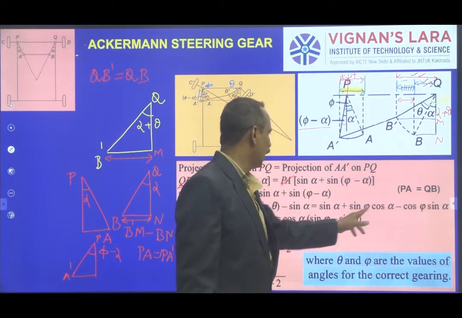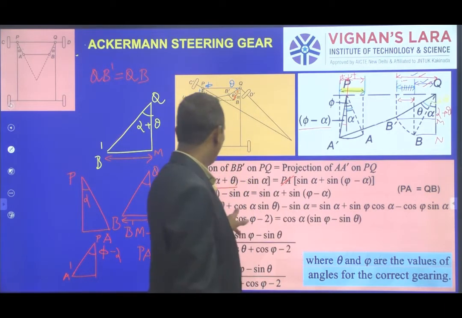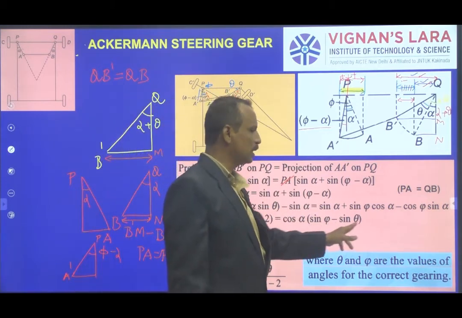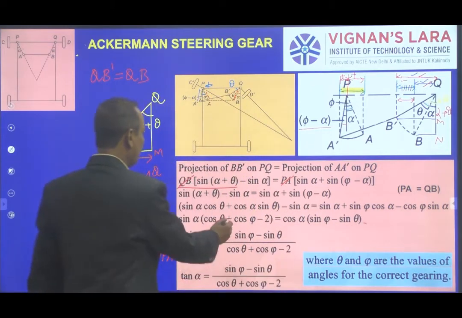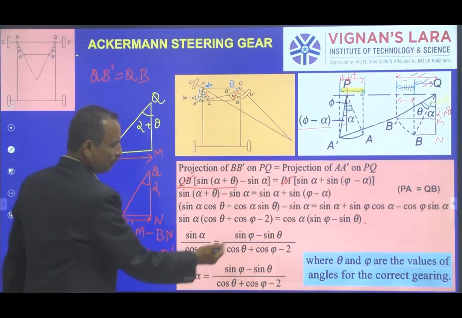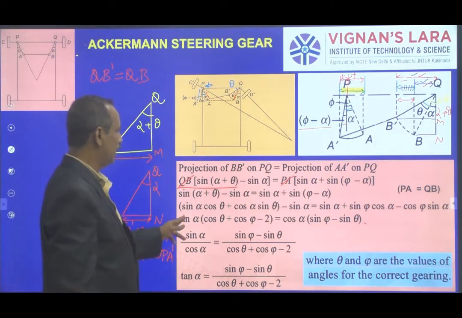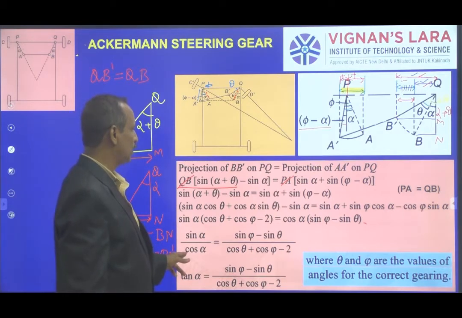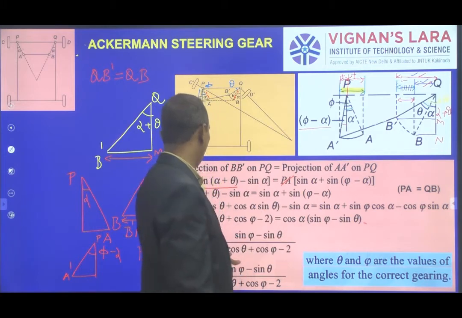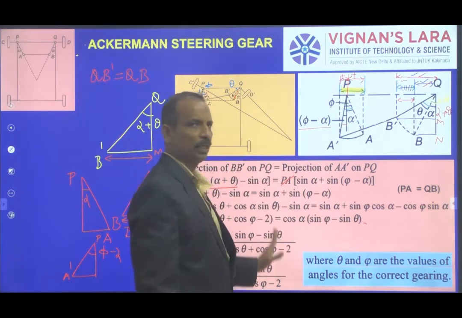This is already cos alpha sine theta, and here you have plus cos alpha sine phi, then minus cos alpha sine phi. Simply rearranging alpha terms one side and phi theta terms on the other side, it gives sine alpha by cos alpha is equal to sine phi minus sine theta by cos theta plus cos phi minus 2.